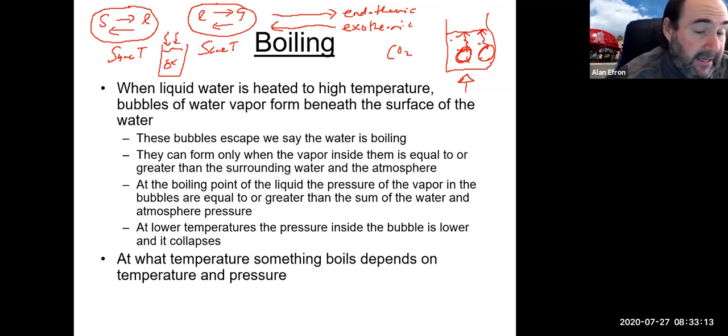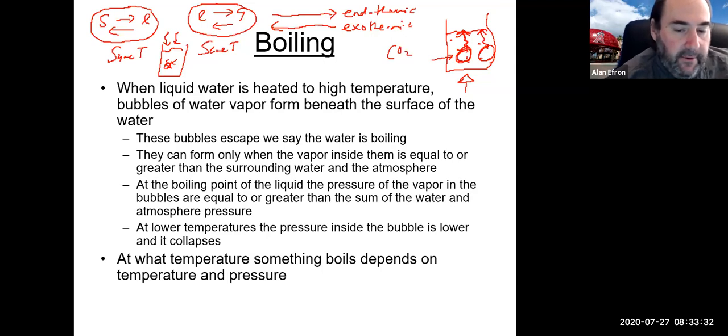Bubbles whose pressure is not equal to that are going to pop before they get to the surface. So only these guys over here, for example, that have a pressure inside at least equal to atmospheric pressure, will successfully get to the surface.